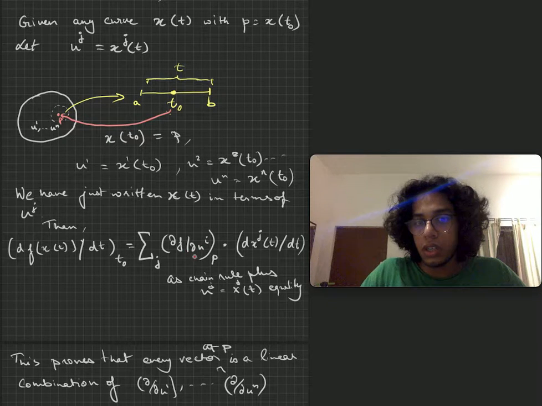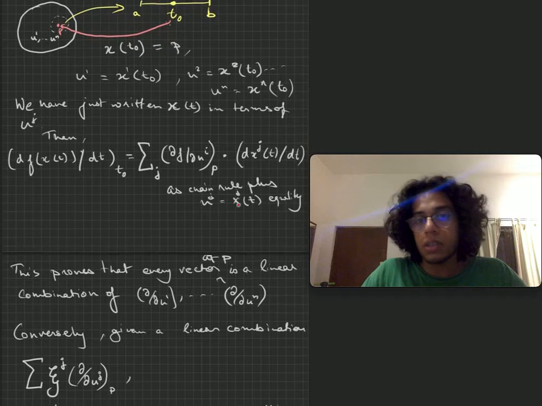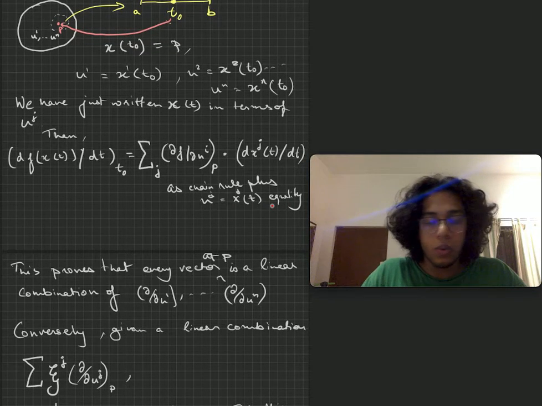Since du is equal to dx, duj is equal to dxj. So the whole thing is the differentiation of f with respect to u, and then u with respect to t. Chain rule, plus uj equals xj.